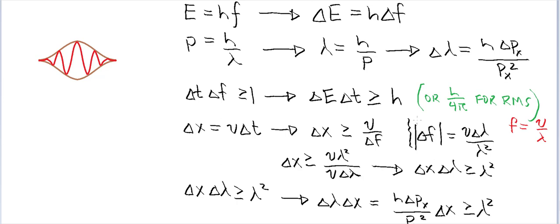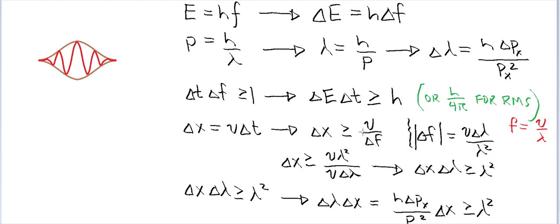And so delta f, throwing away the minus sign again, just absolute value, is equal to v delta lambda over lambda squared. It's just taking the derivative with respect to lambda.